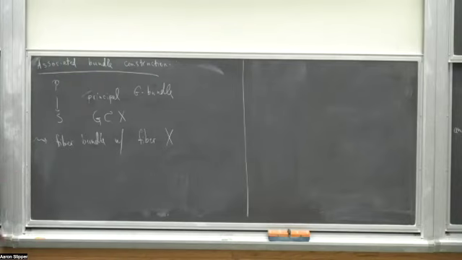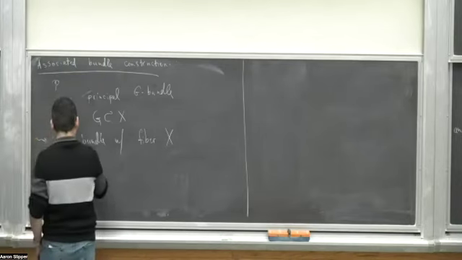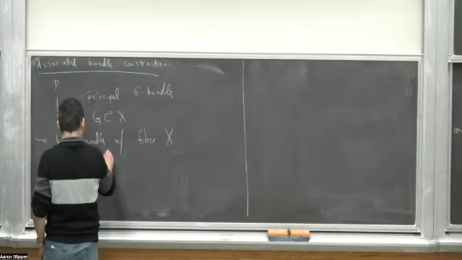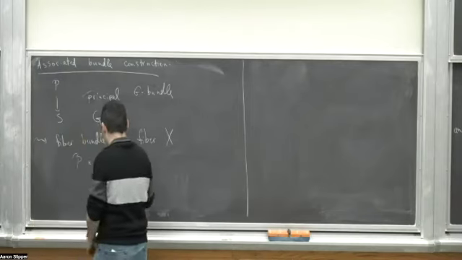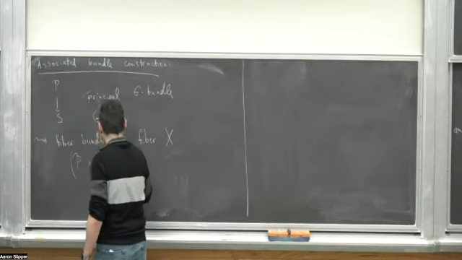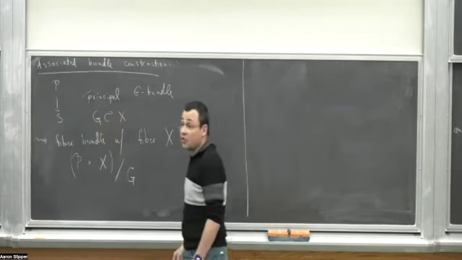Well, one way or another, it's the following thing: you take the product of P and X, and you quotient the whole thing by the diagonal action of G.